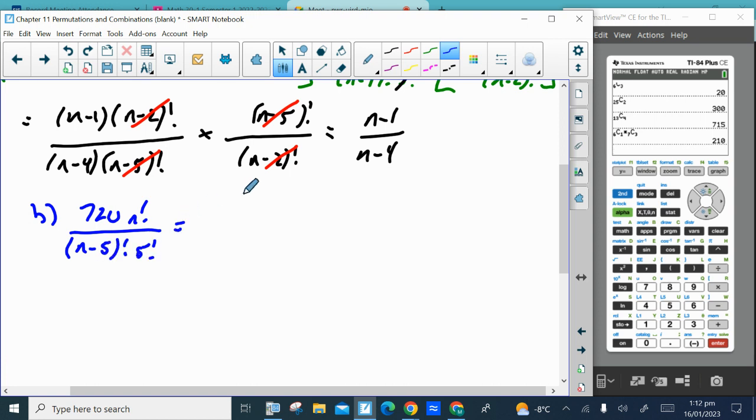And that must equal n plus 1 P5, which would be n plus 1 factorial over n plus 1 take away 5 factorial. Right, in this case, we're using the NPR formula, which does not have the extra factor of r factorial on the bottom. The only thing on the bottom is n minus r factorial.